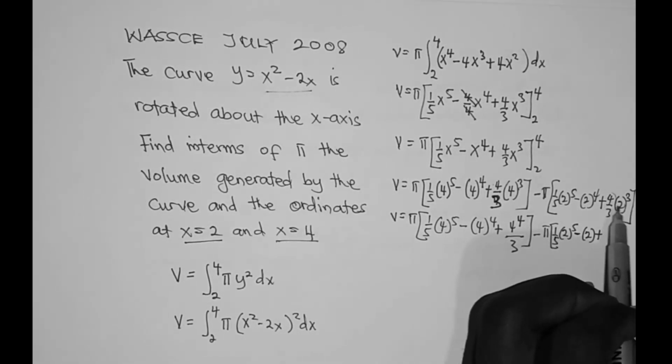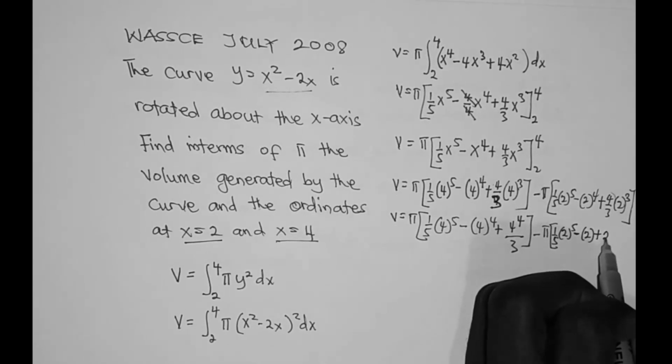So 2 squared times 2 cubed becomes 2 to the power 5 divided by 3.